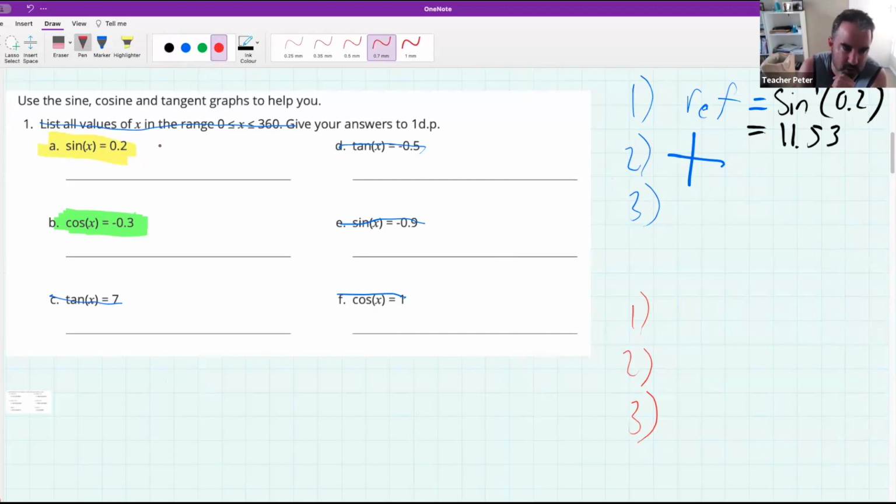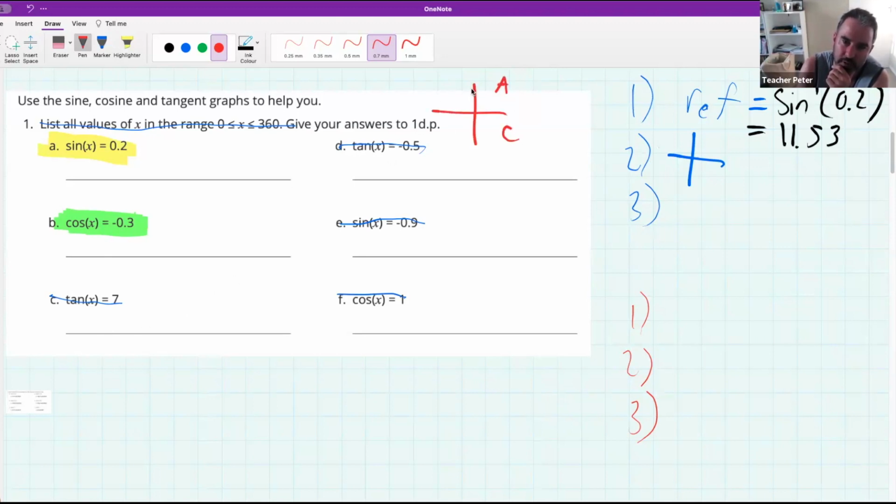Because 0.2 is positive 0.2. So which quadrants do we need to be in for my answer? Well, if you get forgetful, don't worry.